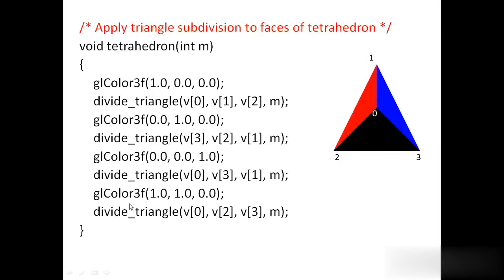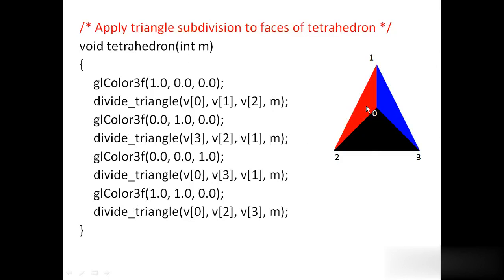For the third face, if I call 0.0, 0.0, and 1.0, the vertices which will be enabled are vertices 0, 3, and 1. And the last face, which is the base face, is a combination of the first face and second face, so 1.0, 1.0, and 0.0.